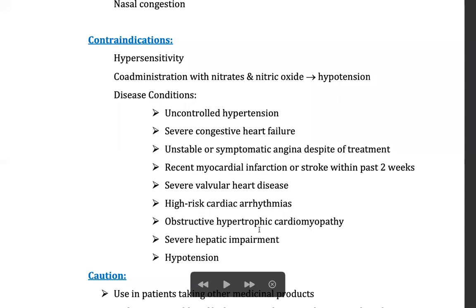These are all contraindications related to heart patients.